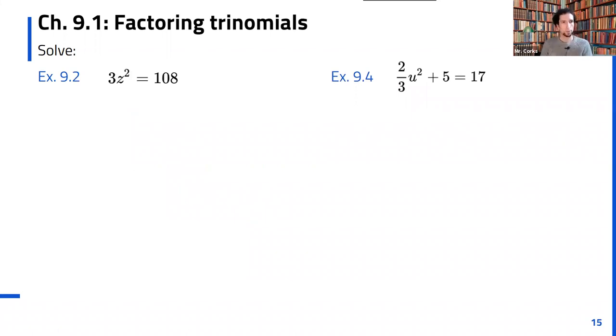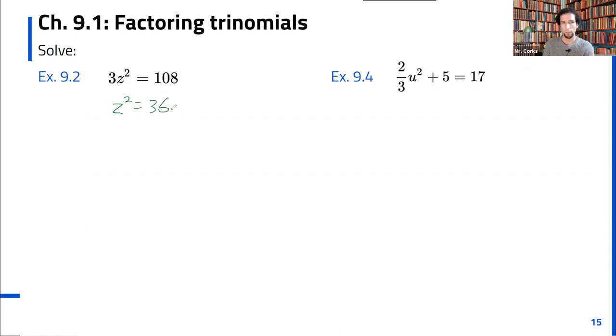Okay, so if I have something like this, 3z squared equals 108, how could we solve? Divide both sides by 3. So z squared is equal to 36.